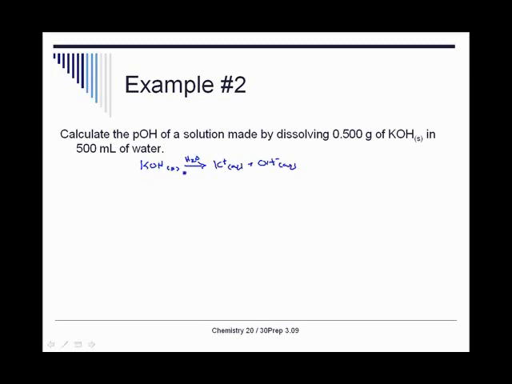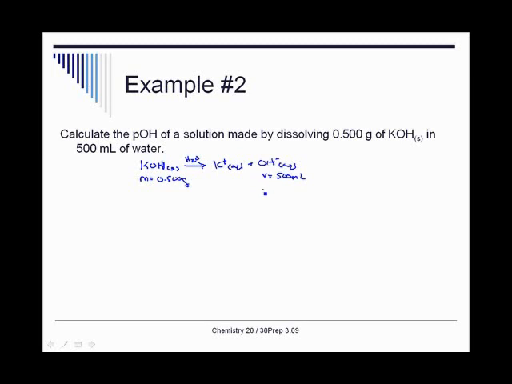And that would be our reaction. Then we can put in our numbers where they best fit. The mass they gave us is the mass of KOH, or potassium hydroxide, so the mass goes here, 0.500 grams. They told us the volume of water, so I'm going to put the volume by our OH, because when we calculate the concentration of hydroxide, we need to know the volume of our solution.